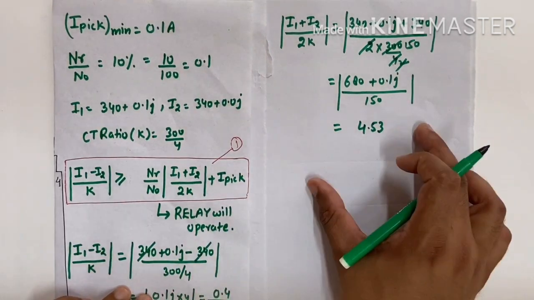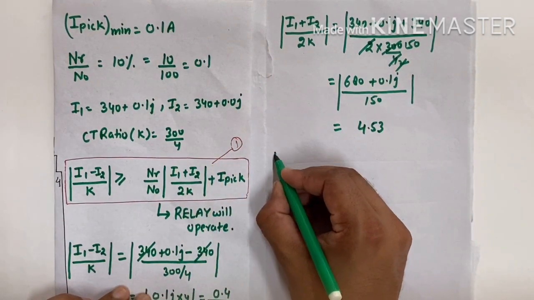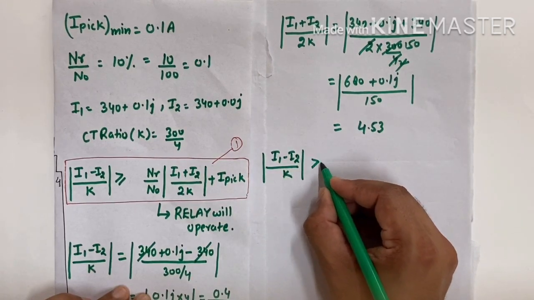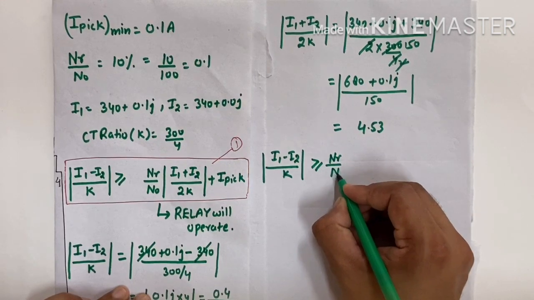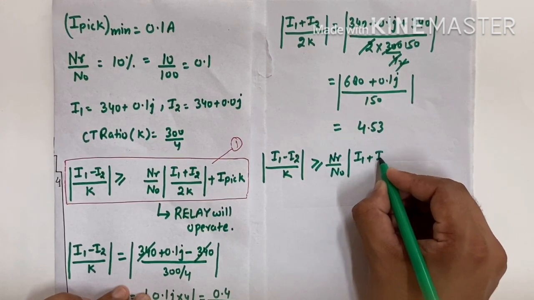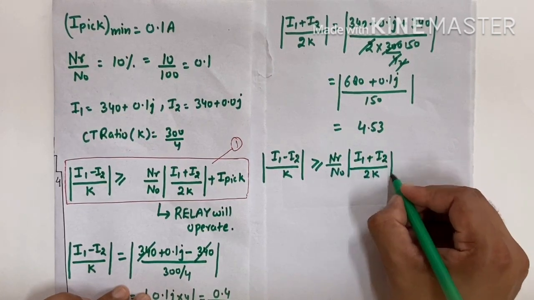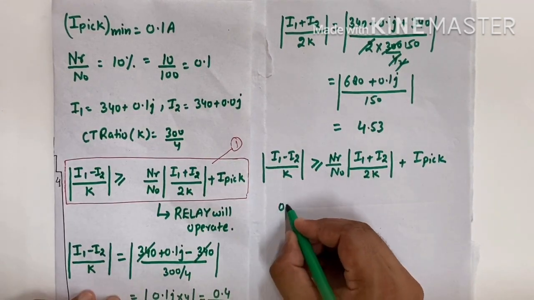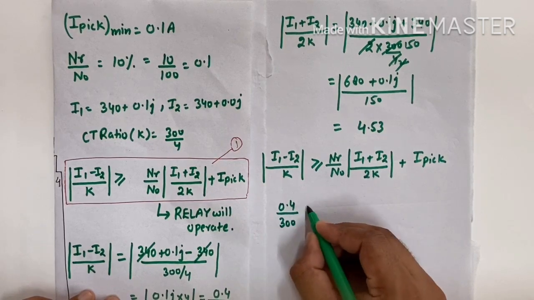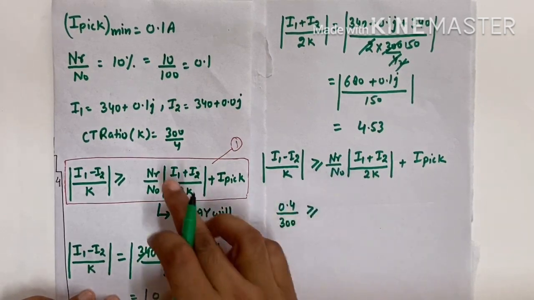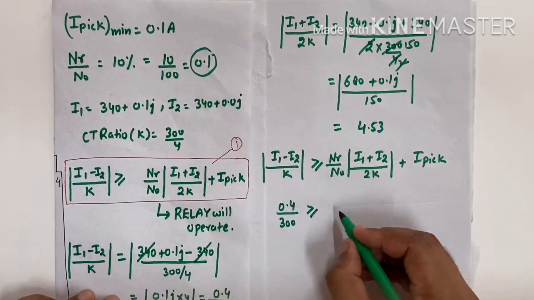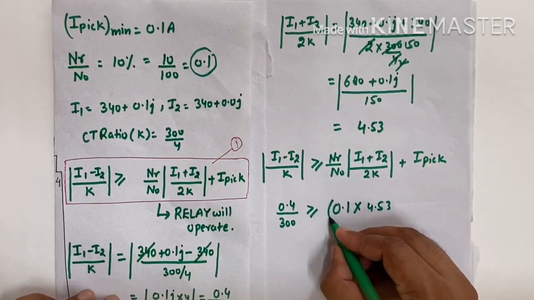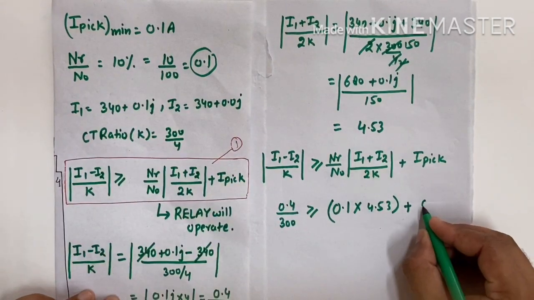Now put these values in the given expression 1. I1 minus I2 upon K is greater than or equal to NR by N naught times mod I1 plus I2 divided by 2K, plus I peak. So I1 minus I2 upon K value is 0.4 upon 300, greater than or equal to NR by N naught, whose value is 0.1, so we write 0.1 multiplied by 4.53, plus I peak, whose value is 0.1.